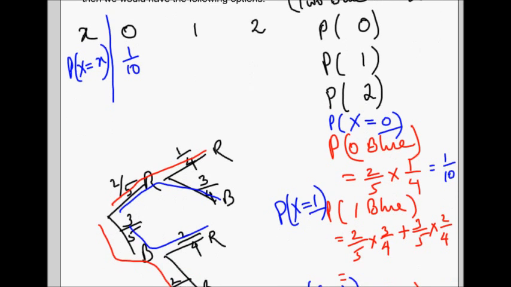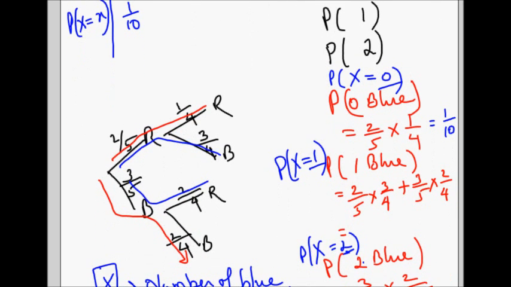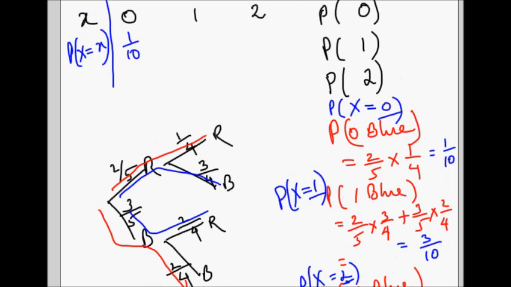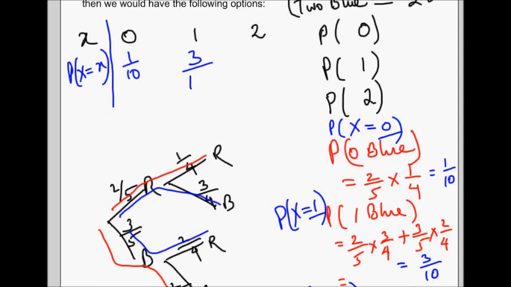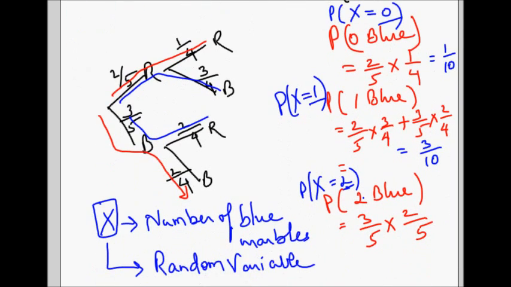And then if you go for probability of X equal to 1, the probability of this is 3 over 10. Okay, so this will be filled as 3 over 10, and then this is 6 over 20, which is 3 over 10 again.